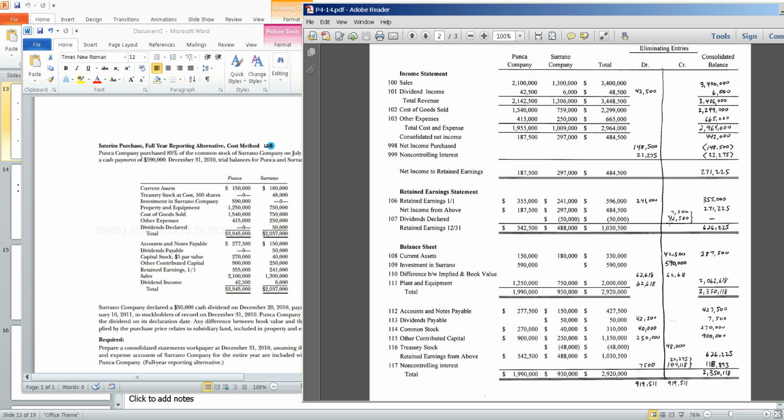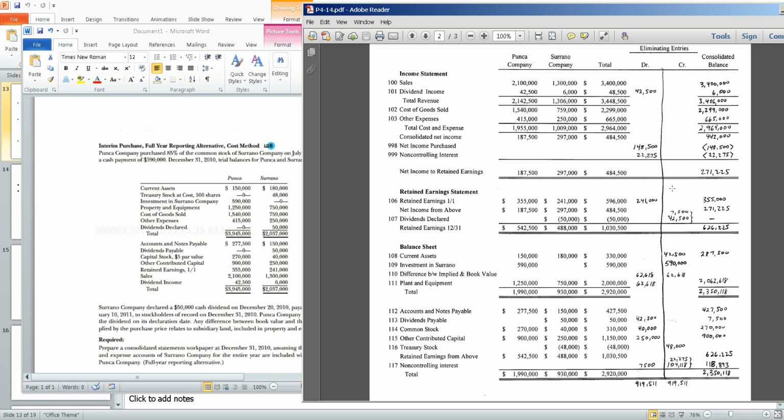So I don't think there's anything else significant and noteworthy to talk about in the extending of the footings on the eliminating entries, extending those over to the final consolidated balances.